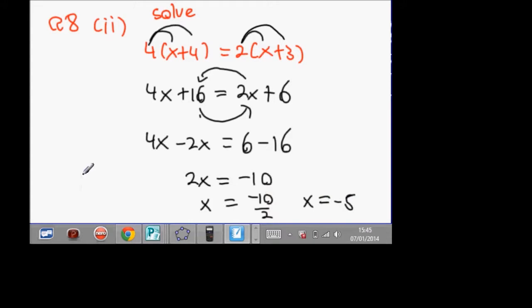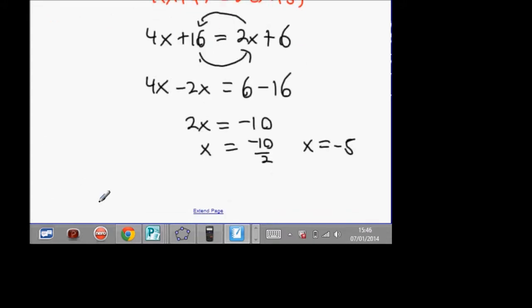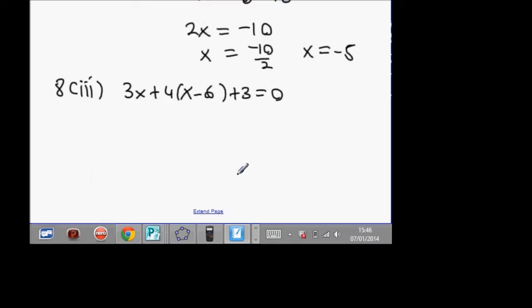Okay. Toma, we're going to ask you to do A part 3. We're nearly done with this. 3x plus 4 bracket x minus 6 plus 3 equals 0. Okay, so what do we get? Well, you multiply the 4 and the x, so you get 4x.